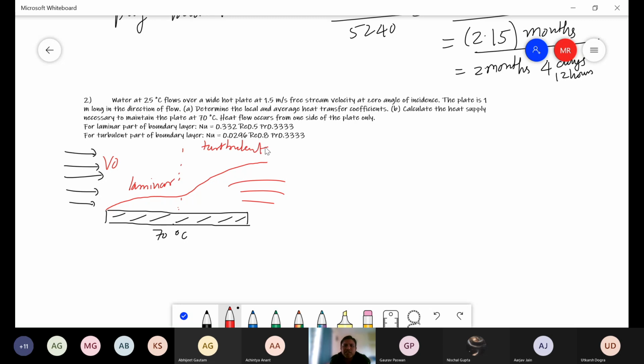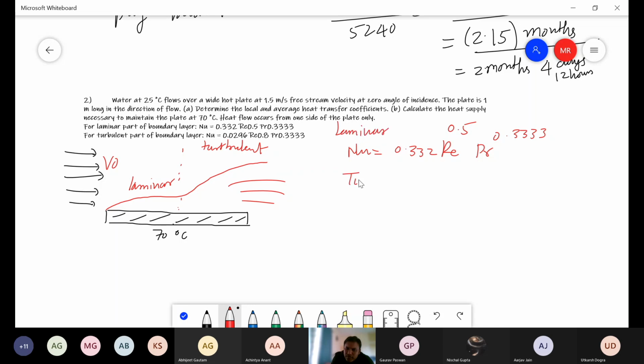So what has been given in this particular problem is, in a laminar boundary layer, the Nusselt number is given as 0.332 Reynolds number raised to the power 0.5, and Prandtl number raised to the power 0.333. This is laminar.